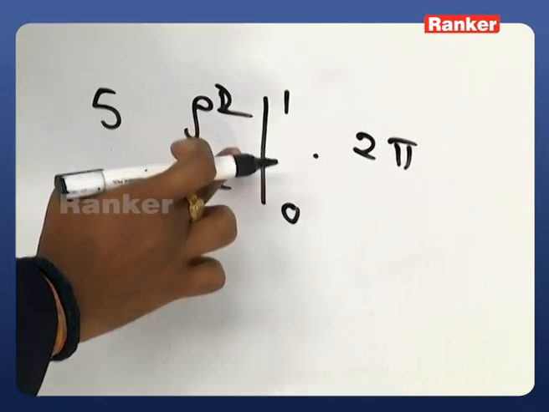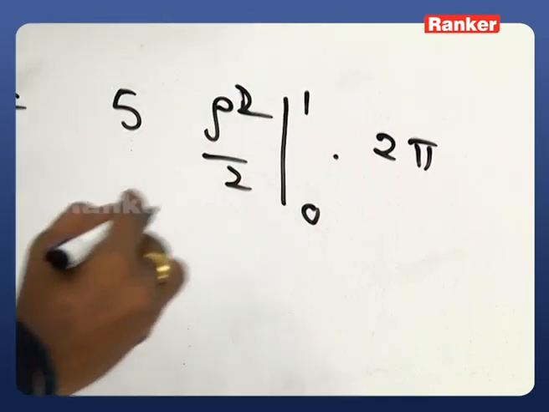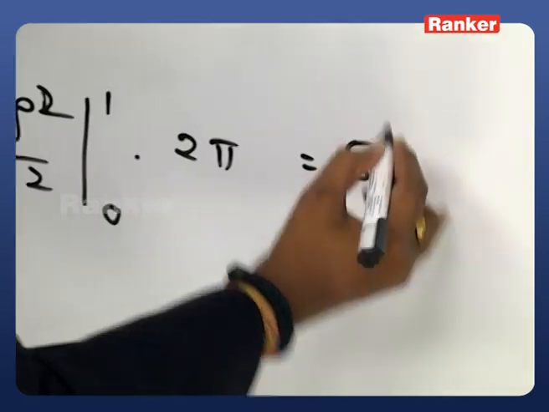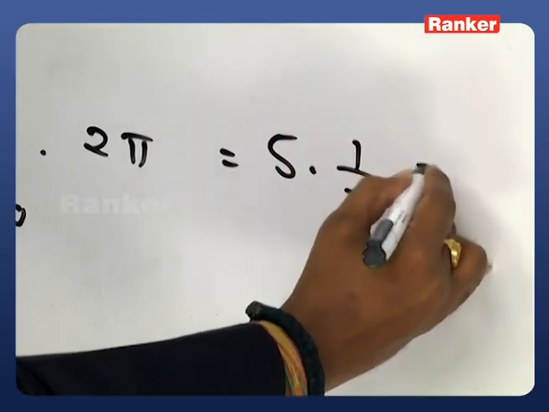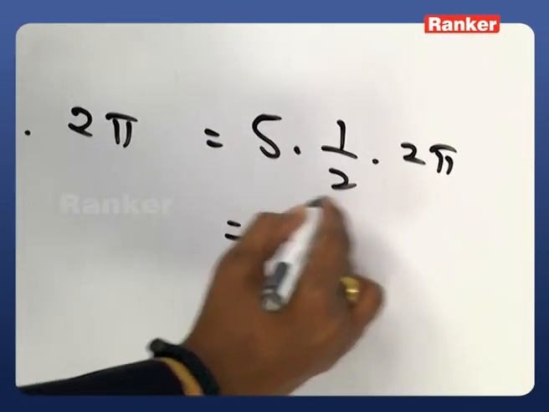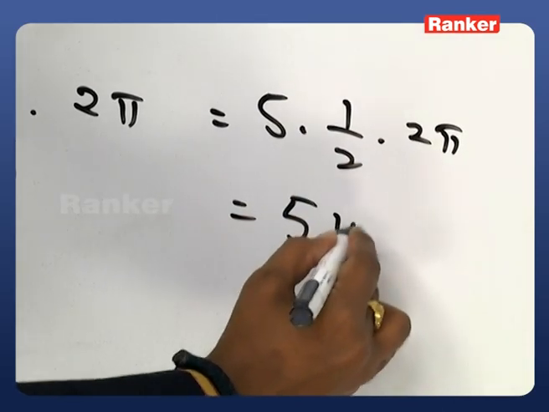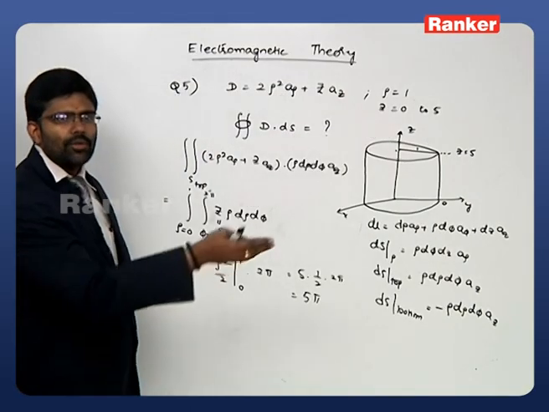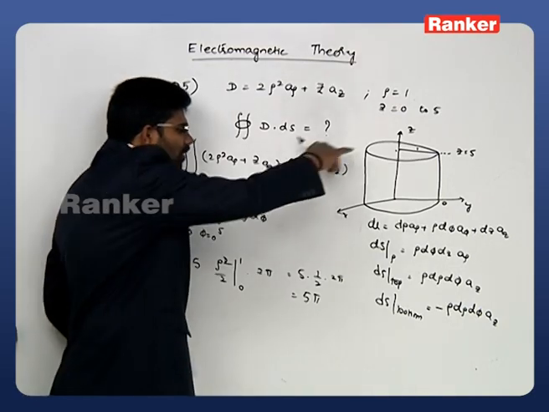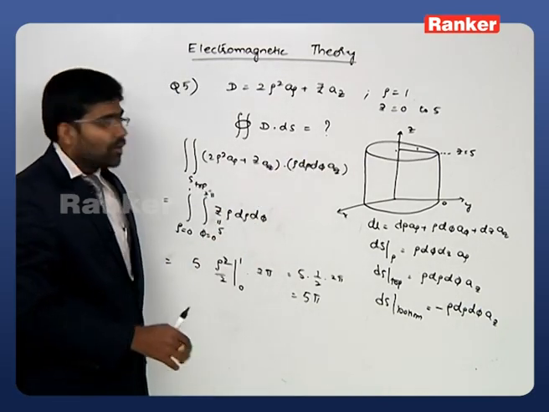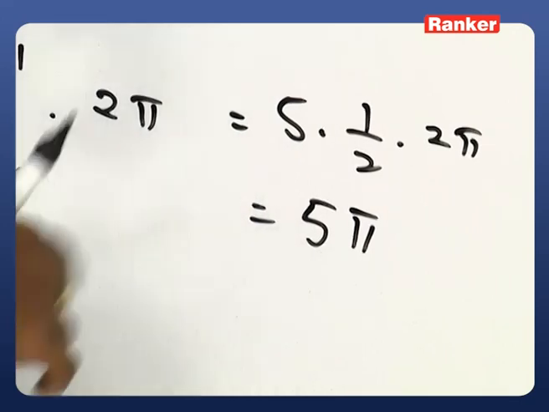With the rho limits from 0 to 1, we get 5 into 1 by 2 into 2 pi, which equals, the 2 cancelled, 5 pi. If you remember the previous one, for the curved surface we got 20 pi. For the top surface we get 5 pi.